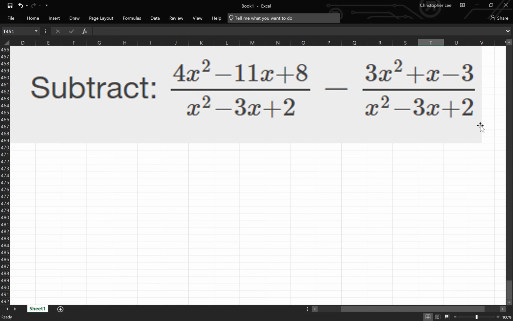So set these equal to 0 to solve for this. So then now just give me the excluded values. So set the denominator equal to 0.